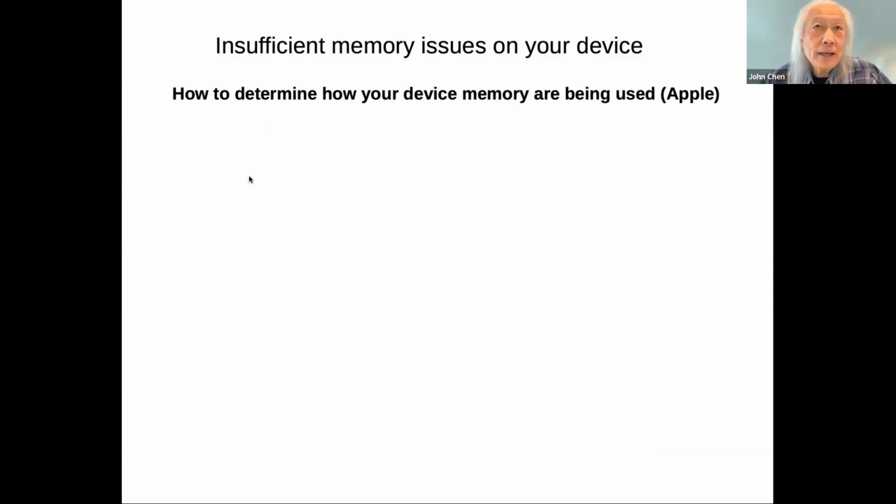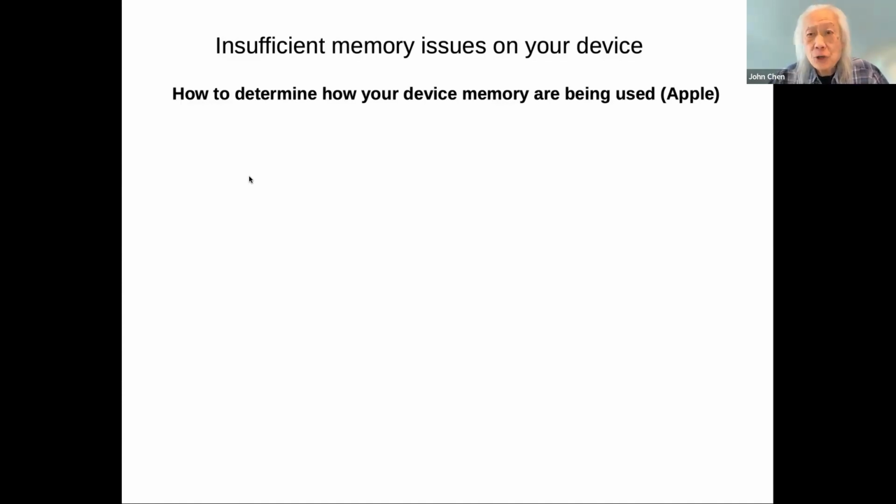Okay, when you do get that kind of a message, how do you determine what your computer is using that storage for? I'm going to be showing you some slides for your Apple device. You can do the same thing on Android, but because I don't have an Android phone, I can't create those examples for you.